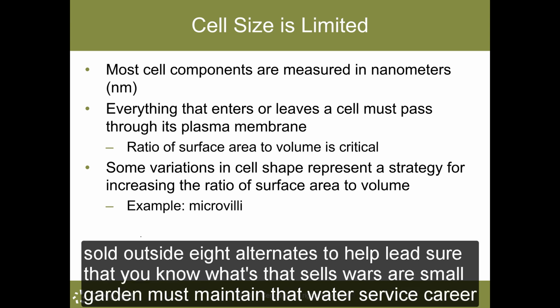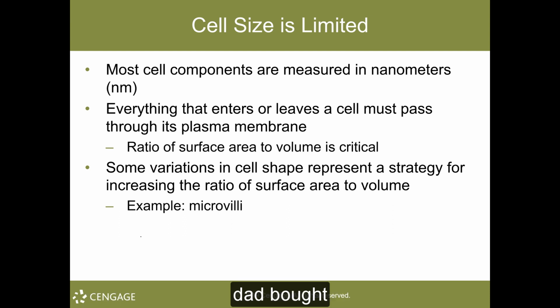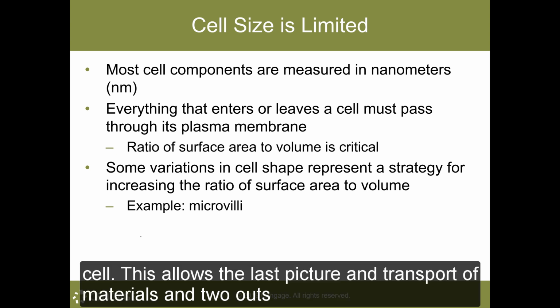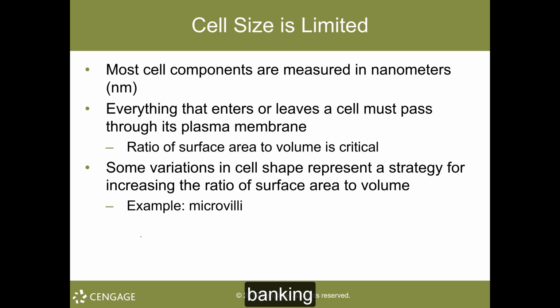So I'm saying all of this to hopefully ensure that you know, class, that cells, of course, are small because they must maintain that larger surface area than volume, and the ratio is critical. So this allows the cell, class, to efficiently transport those materials into and out of the cell, maintaining homeostasis.